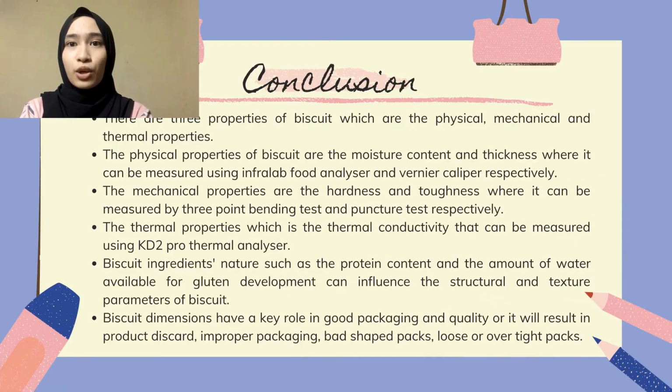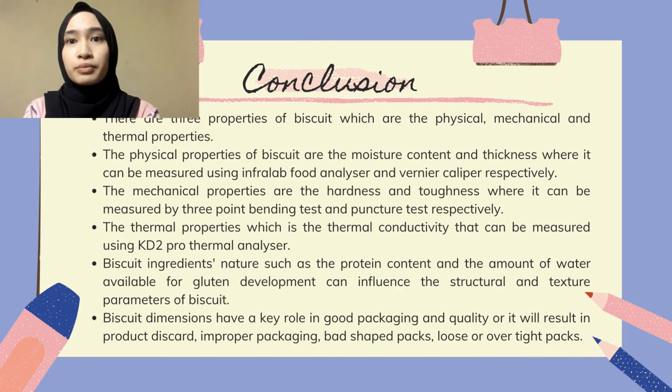So, as the conclusion, there are three properties of biscuit that we had acknowledged, which are the physical, mechanical, and thermal properties. The first physical property is the moisture content, which can be measured using the infra-lab food analyzer. The second physical property is the thickness, which can be measured using a digital vernier caliper.